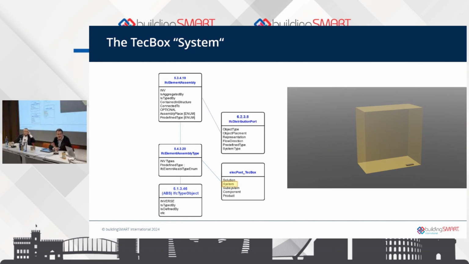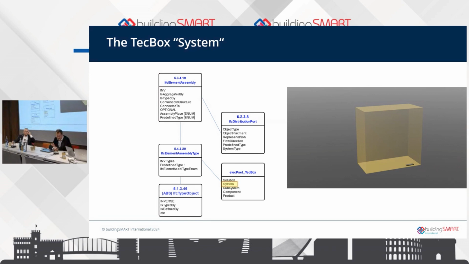And here comes this what I said in the beginning. What is this interface information? For example, I don't know if you have seen it, but in the right bottom of the tech box on the right side, there's something popping up. So it's more or less a electrical outlet. You may still know in the beginning that this is a IFC distribution port.